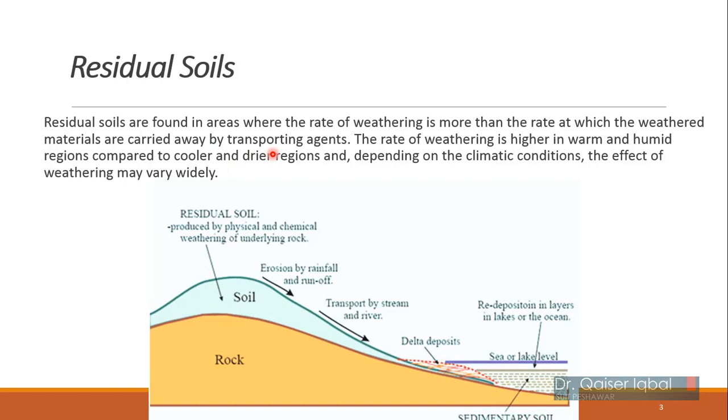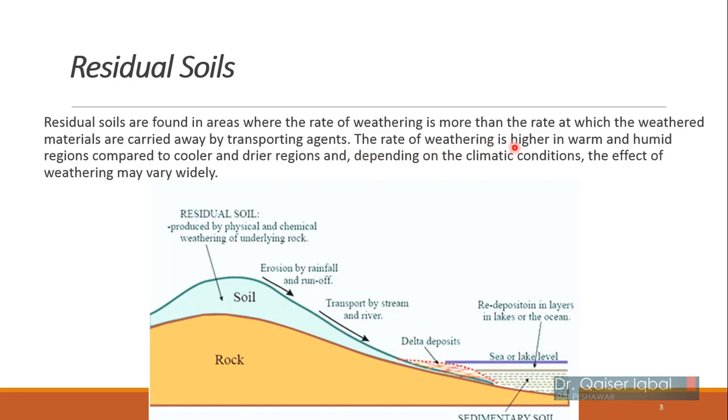So if the soil is weathered from the rock, but transporting agents are not available, of course the soil will lie at the place where it was weathered. It will be called residual soil, residing at the same place where it was formed, because it is not being transported.